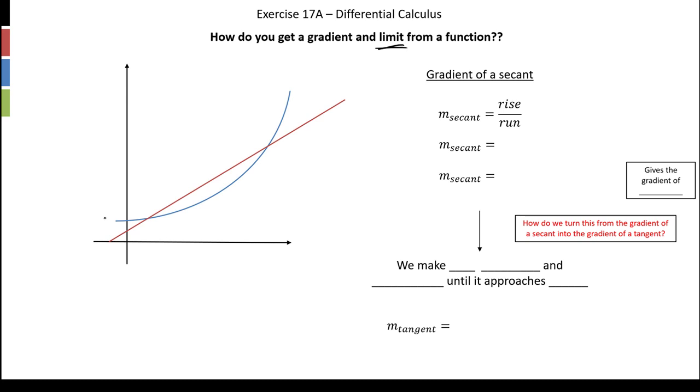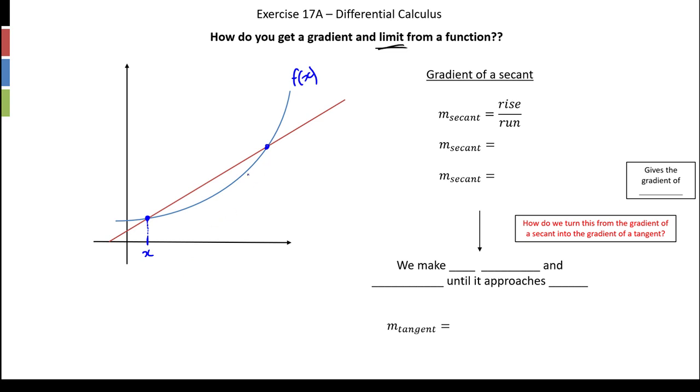So let's take a basic function, f of x, our blue line, and we're going to draw this red secant across it. Wherever we draw that secant, it doesn't matter where, we get 2 points. The first point, this is what Newton and Leibniz did, they'll say it is at x.